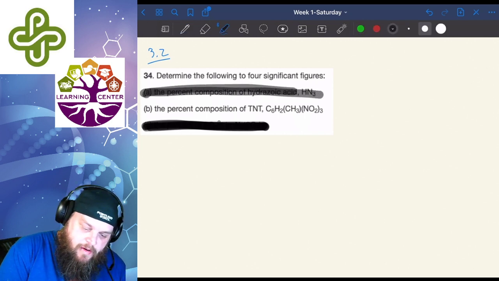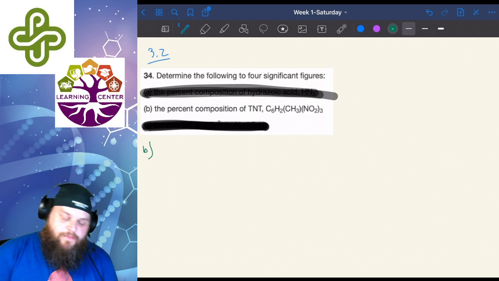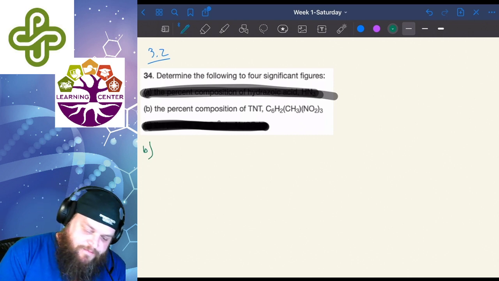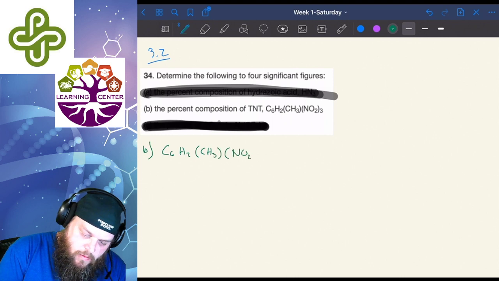I'm going to skip part A and go straight to part B. The percent composition of TNT, which is C6H2CH3NO2 3.